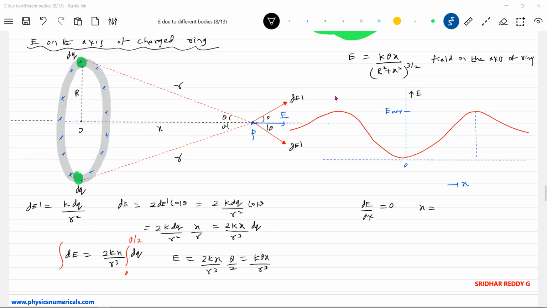Otherwise, I would have done it. Differentiate and equate to 0, you'll get the value of x in terms of capital R. It will come as R by root 2.